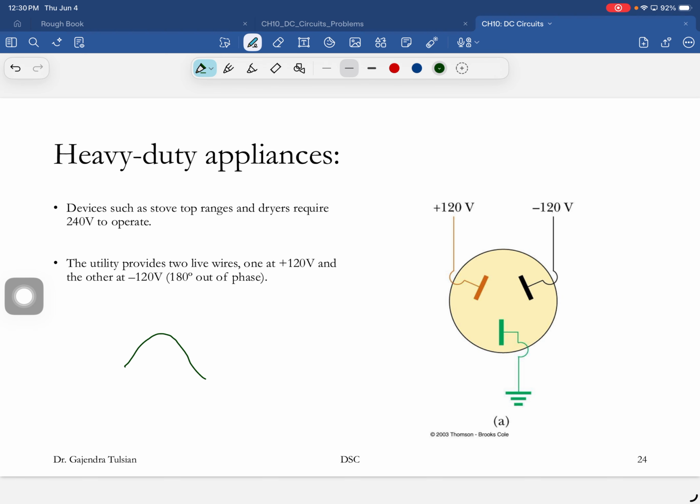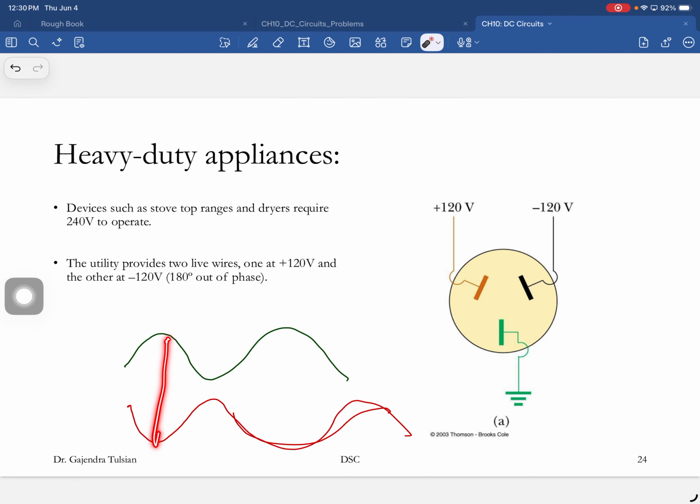So one live wire will carry a voltage like that, and the other live wire will carry a voltage like this, 180 degrees out of phase. So you'll get 240 volts between these two. For your washing machine and clothes dryer, you'll need that.